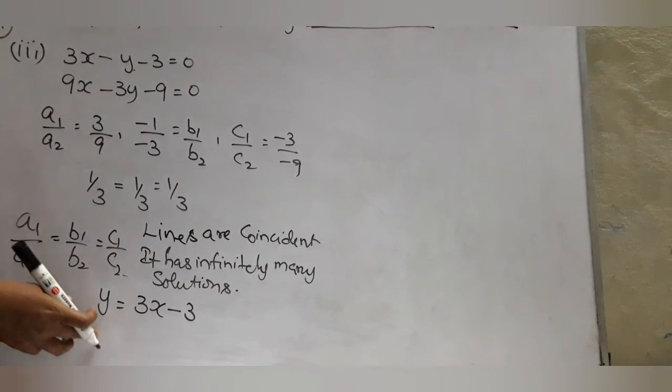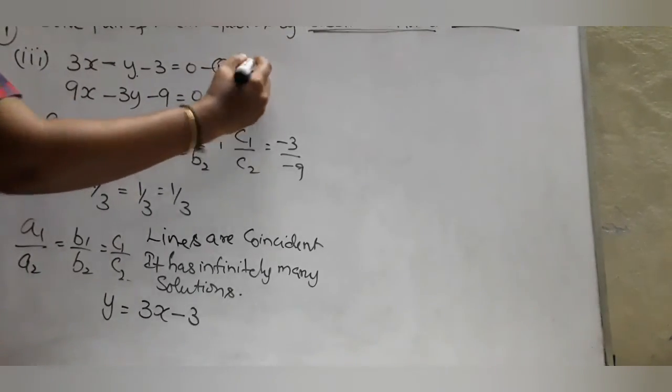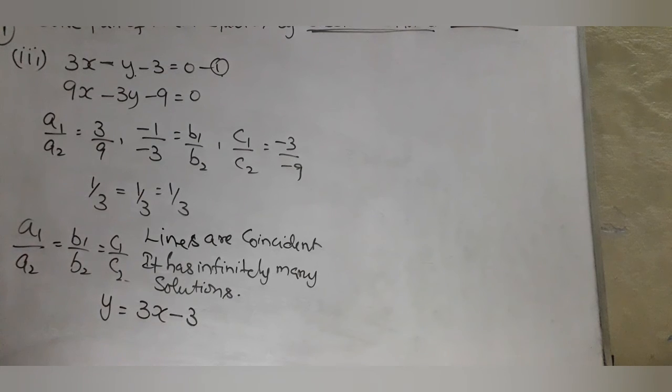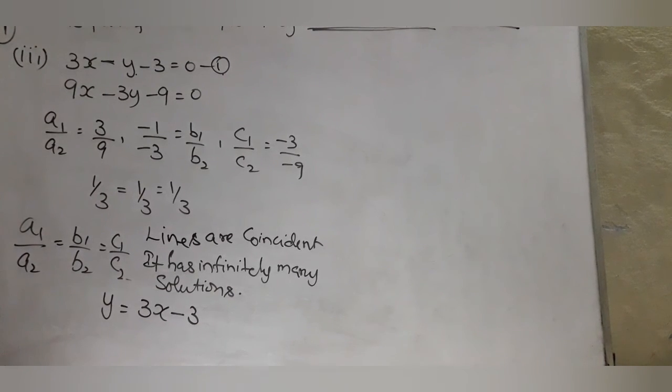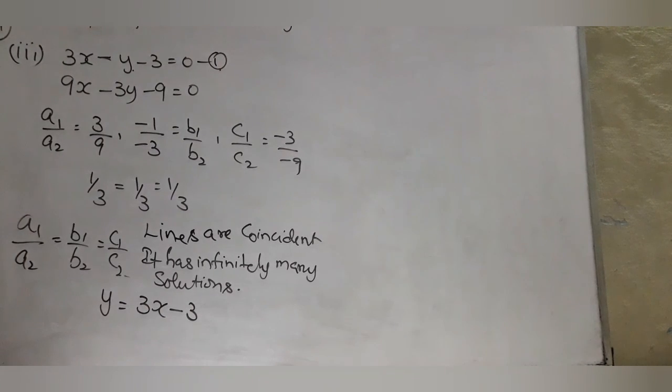How did I get y is equal to 3x minus 3? From equation 1, I have written it like this: y is equal to 3x minus 3. Now we can give an x value and we'll get the y value. So it has infinitely many solutions.